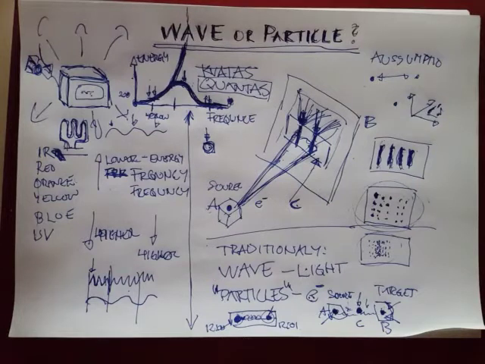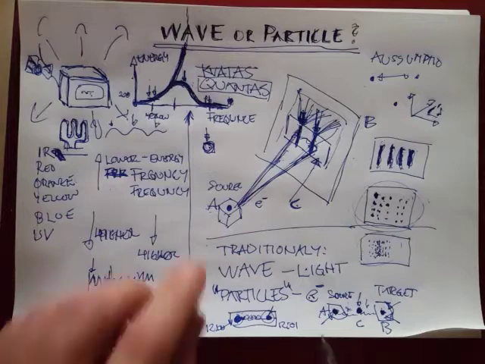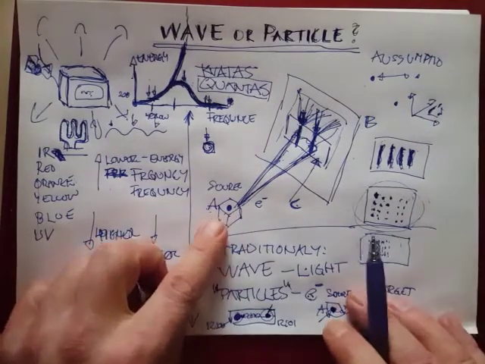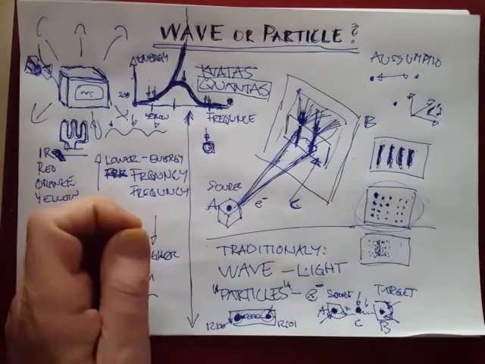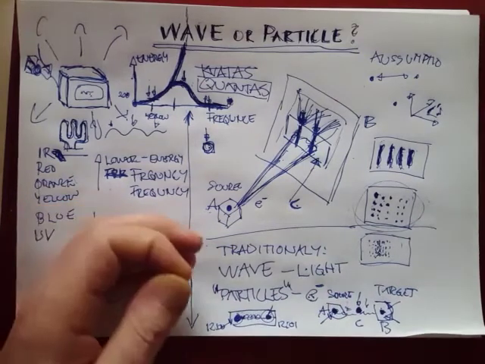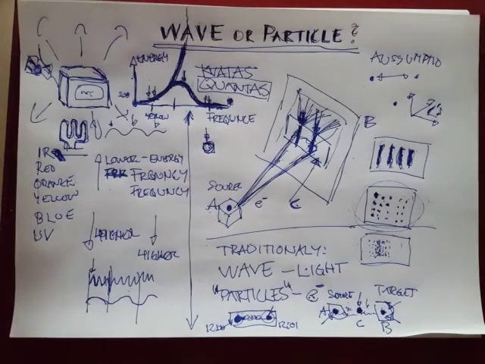But we don't observe a particle, because there is no particle. We observe an event, and then we observe another event, and that we call a particle. But you have to realize it's not a particle, because such a thing doesn't exist.